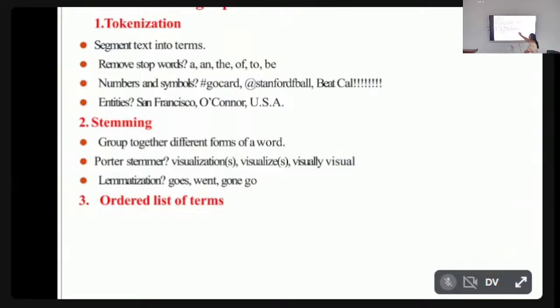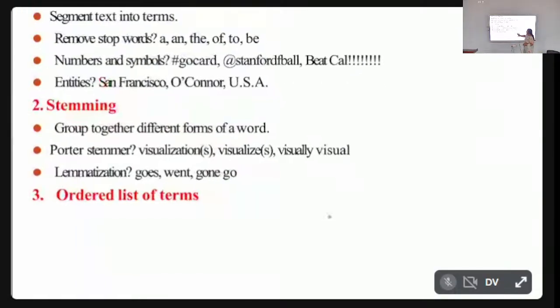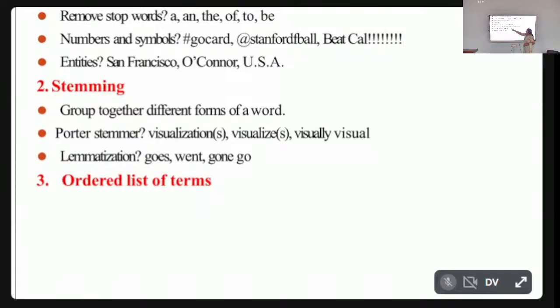That is called stemming. Here you are given the example: visualization is similar to visualize or visually, visual. These are all the same, parts of the same common word. Next is goes, went, gone, go. They are all one. All similar words are grouped together.